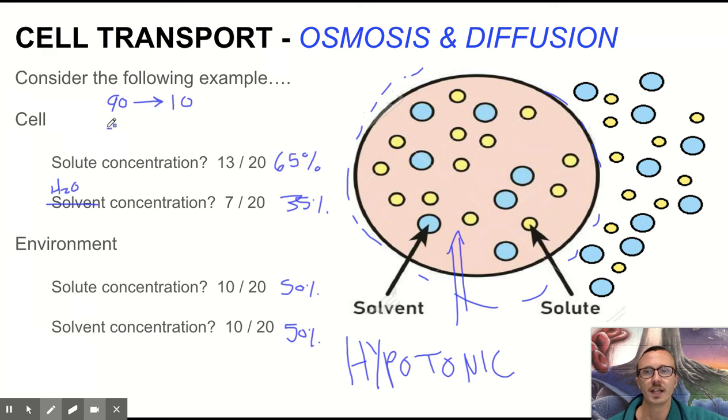Whereas if you had a cell with 70% water and you placed it into a solution or into an environment with 68% water, the water is going to go in until it reaches equilibrium, but it won't move as fast. And you'll learn more about this potential for water to move if you take an AP biology class.